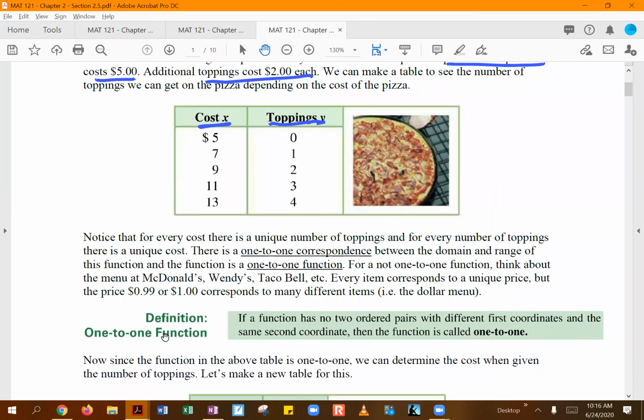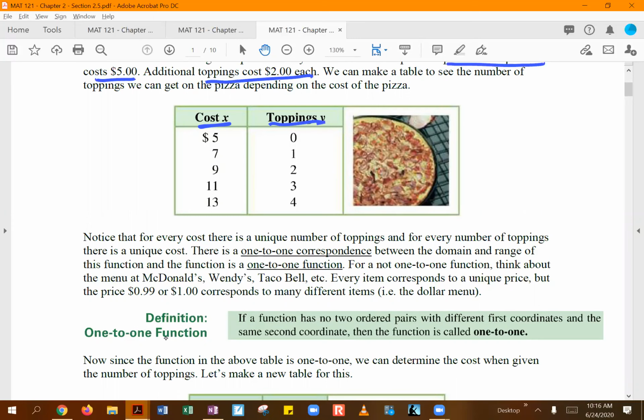So they're talking about how there is a unique relationship because there is only one cost for the number of toppings you're going to get. So it's not like you can pay $9 and get 2 toppings, and you can pay $9 and get 4 toppings, right? There's a very unique relationship. For $1 amount, there's only one number for how many toppings you're going to get.